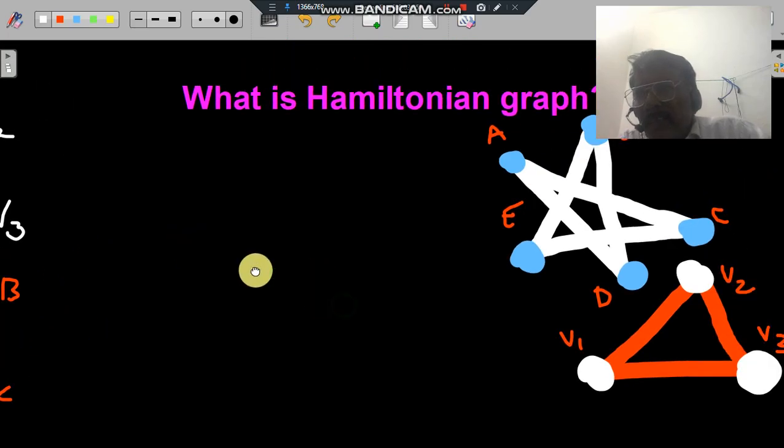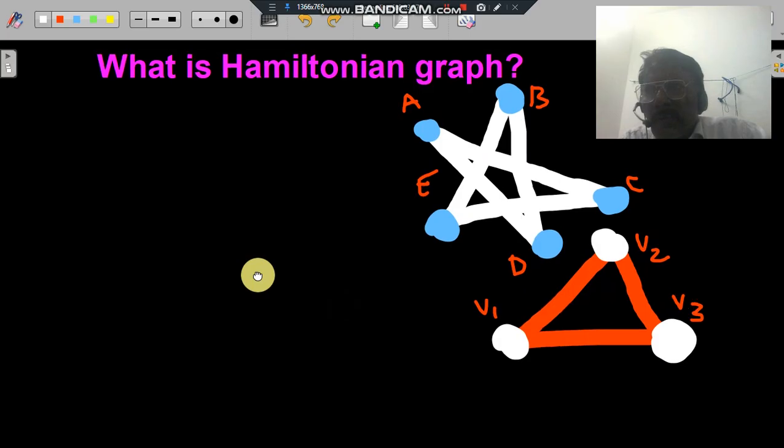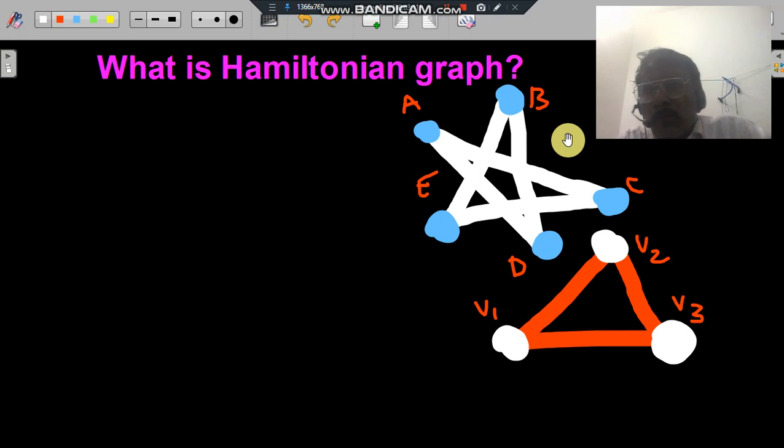Now look at this graph. What do you see?